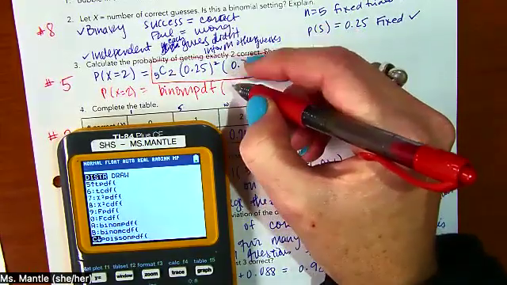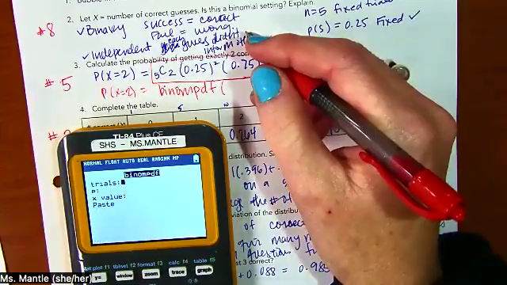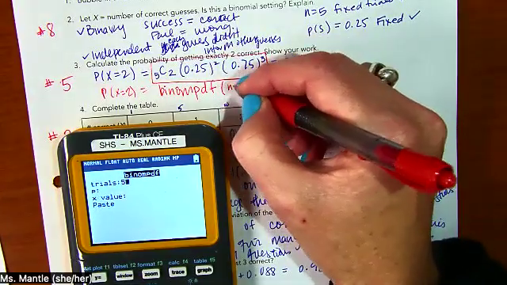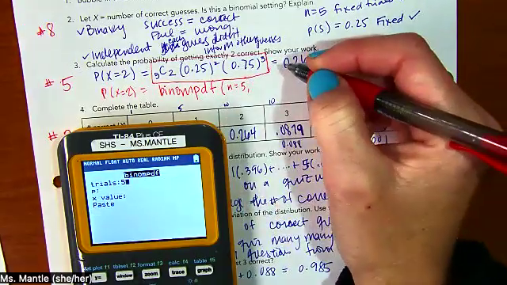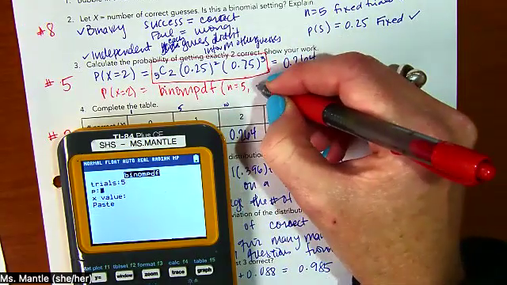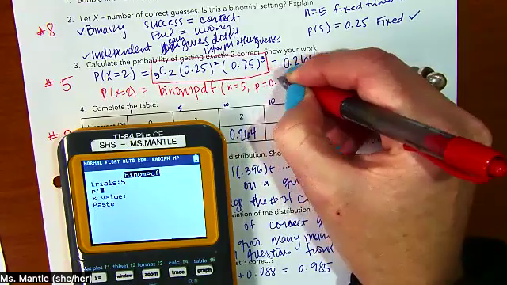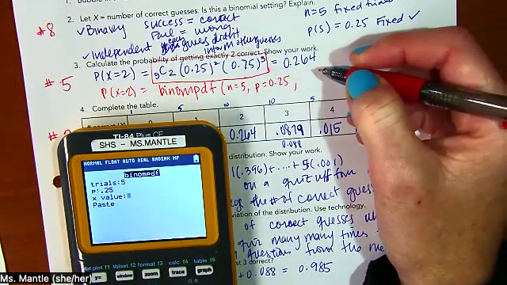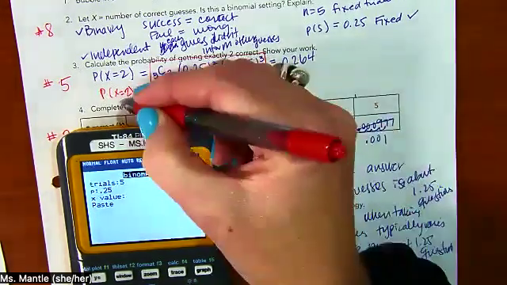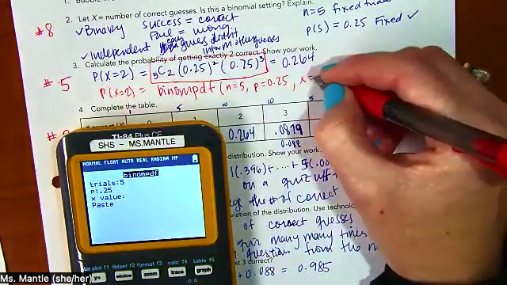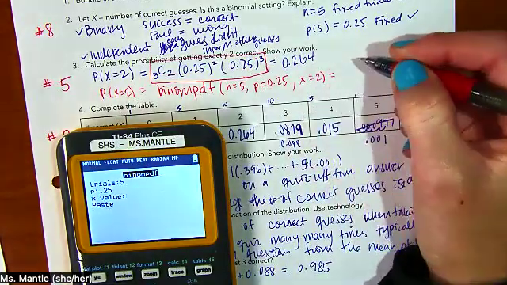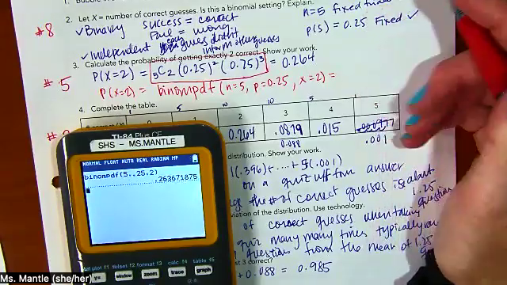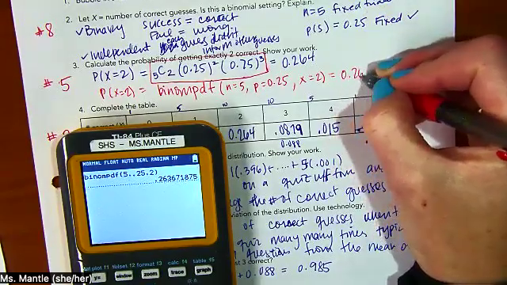And so if I do binom PDF, it asks for several things. We have 5 trials, so n equals 5. Our p-value here is our probability of success, 0.25. And then my x value is right there in my probability statement, x is equal to 2. And so if I type that in and it pastes it into my calculator, it gives me 0.264.